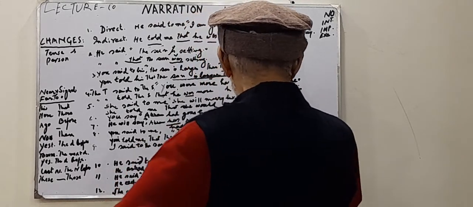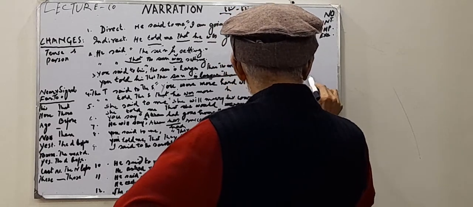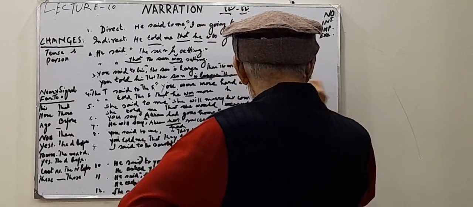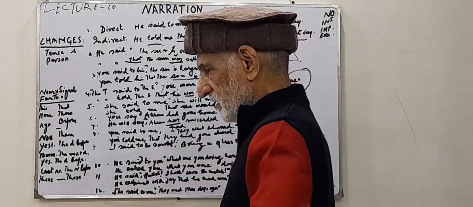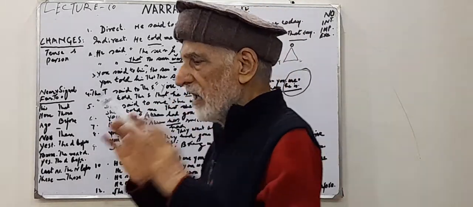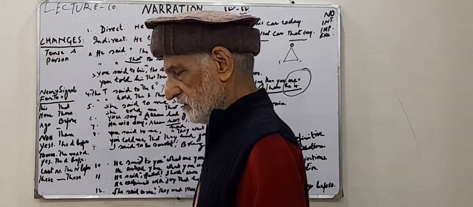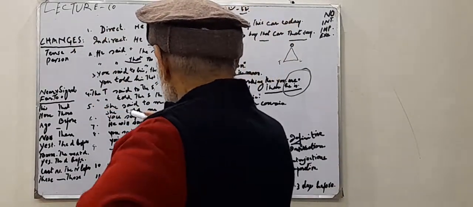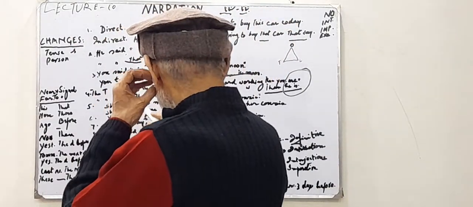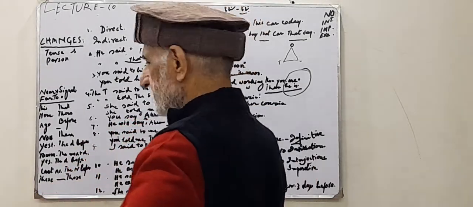More hardworking than he is. Now just see, than he is. Then के बाद जो भी टेंस आएगा वो बदलेगा नहीं. This is the next rule. Fifth example. She said to me, she will marry her cousin.